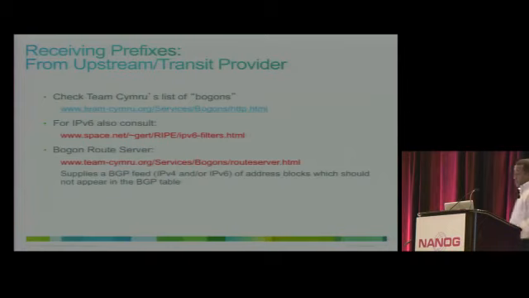Team Cymru regularly publishes bogon prefixes, so it's important to implement bogon filters to filter those prefixes. You can also receive bogon advertisements from Team Cymru to make it dynamic, instead of checking the bogon table frequently.